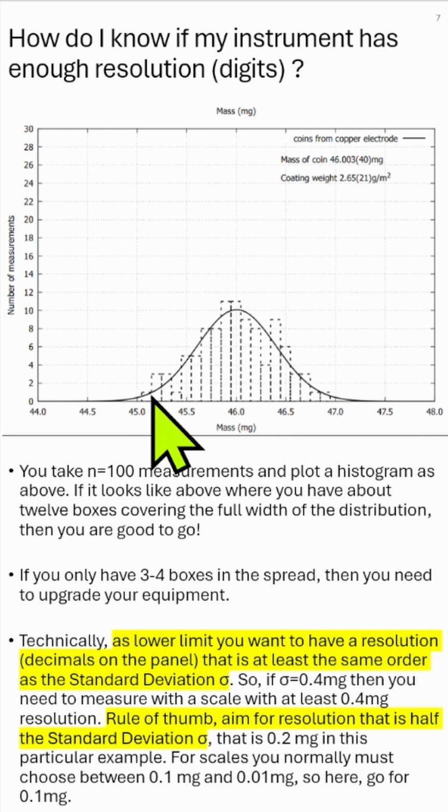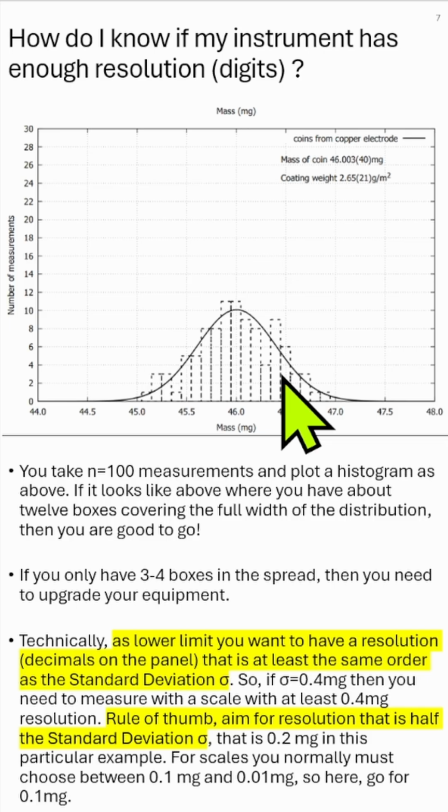The width of the boxes here is 0.1 milligram, which is the resolution of the scale that we used. If we count the boxes, we get about 12 boxes that fit inside that bell curve shape. With that amount of boxes, we are in pretty good shape: the scale we're using can accurately resolve the measurement uncertainty in the samples.